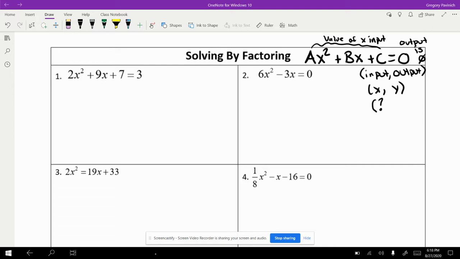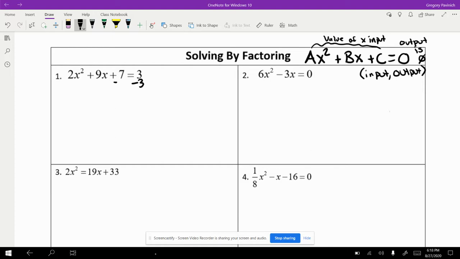So the first thing that's important when you're doing these is you've got to set your function equal to 0. And it's got to be in standard form. So first off, I have 2x squared plus 9x plus 7 equals 3. I need it to equal 0.